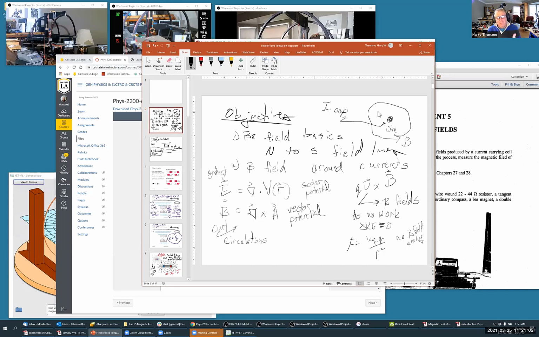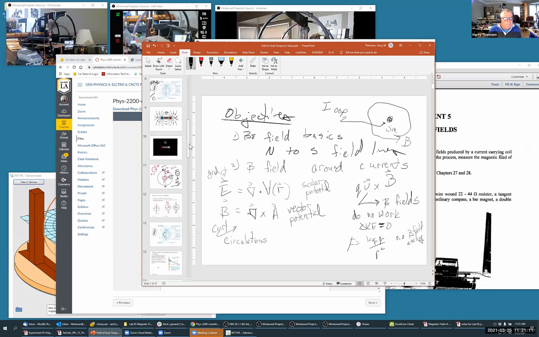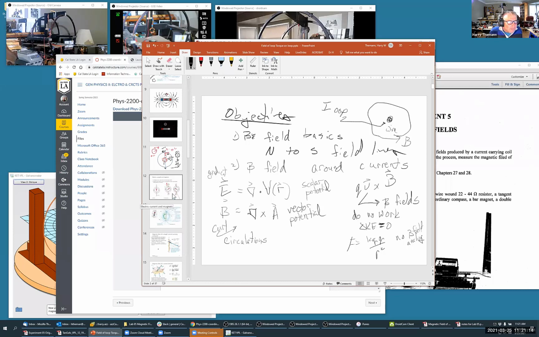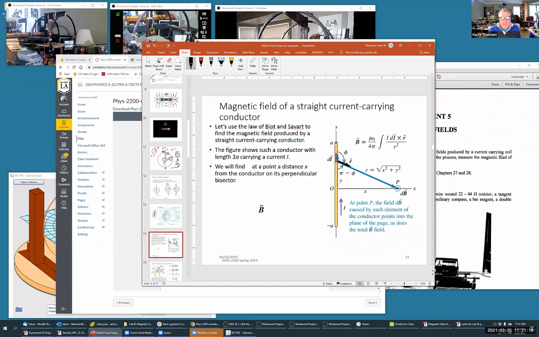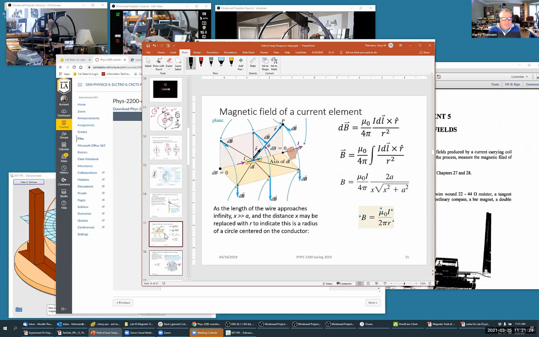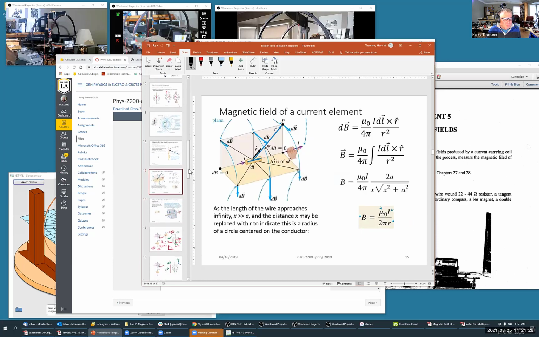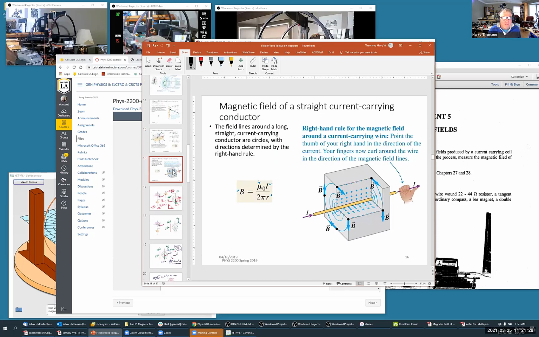And then we talked about the basic field of a current, the field around a wire. We have this math here, and I won't go into this very deeply, but at the end of the day, we have this equation.